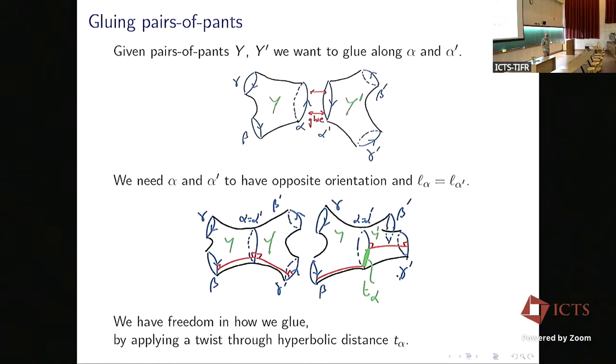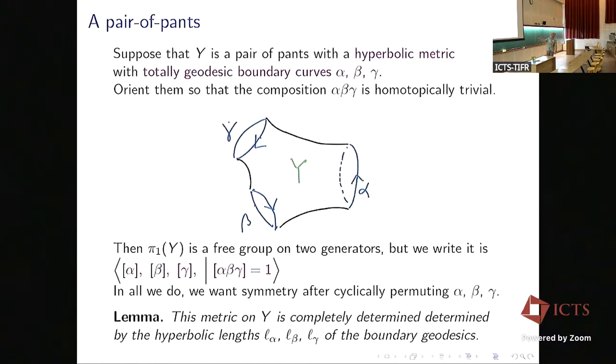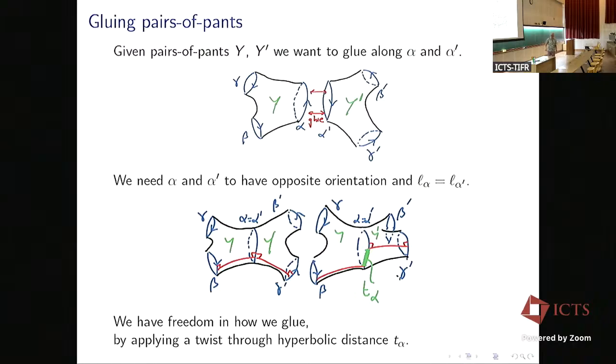But the second thing you notice is that because I want a nice smooth metric over that curve, and I've chosen these orientations, maybe I should have emphasized this on the previous slide. We're choosing orientations on these boundary curves, and the way I've chosen it is the inside is always on your left. So when I do that, the two curves should have opposite orientation, and then I can nicely glue. So in order to glue, you need same length and opposite orientation.